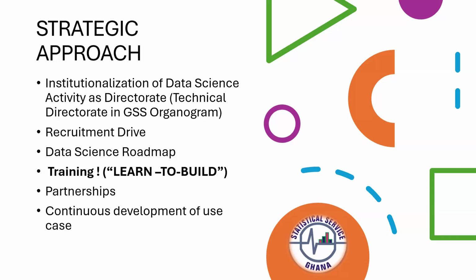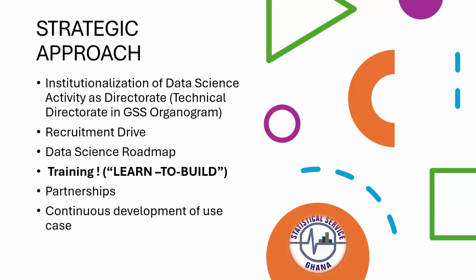And then we also realized that most of the things we did are also centered on partnership. GSS, with its design and approach in coming up with the data science unit, is able to build partnership with a lot of institutions that always provide us the needed support, either technical or financial.